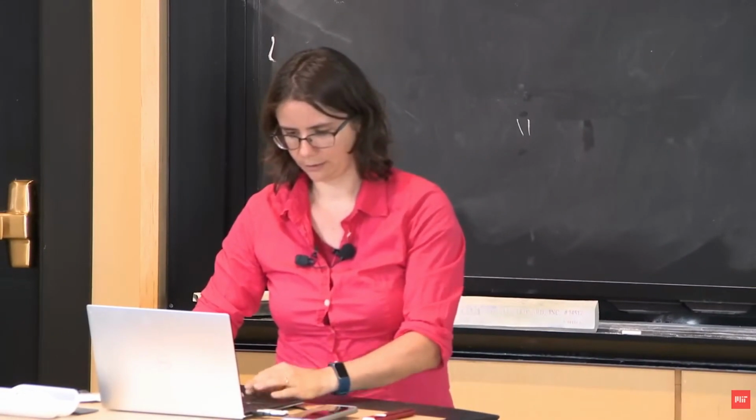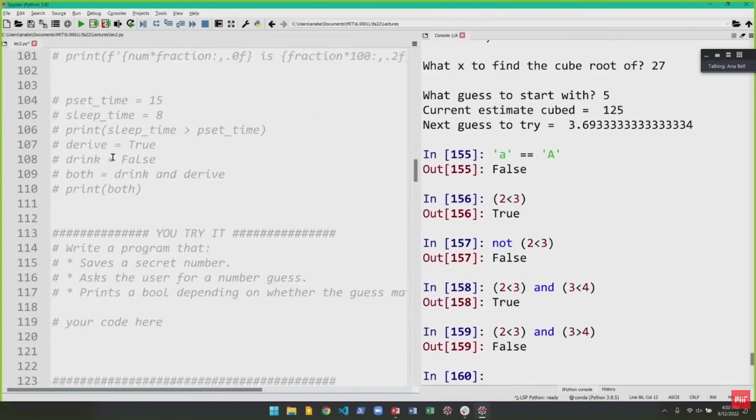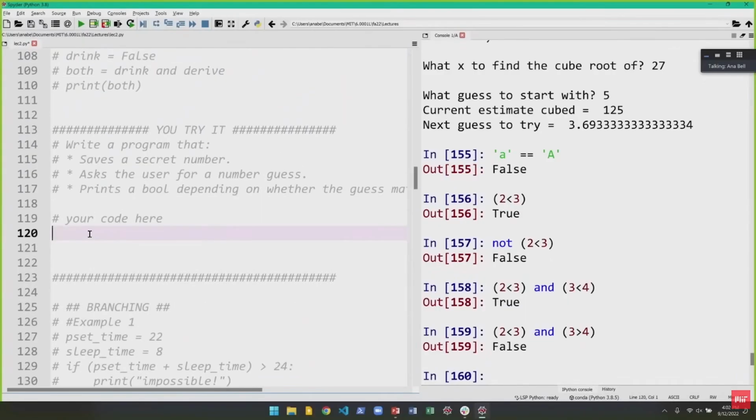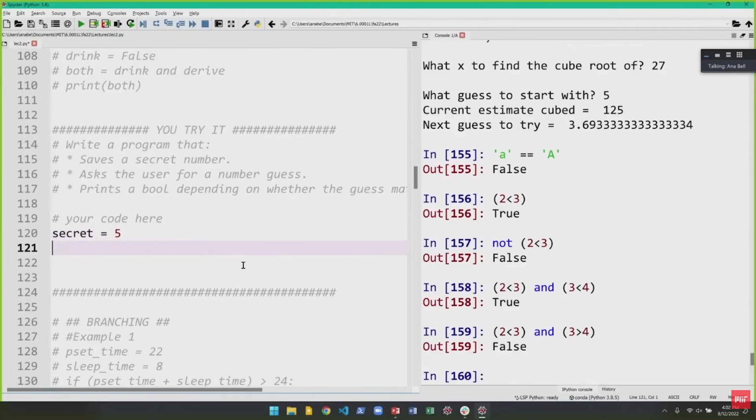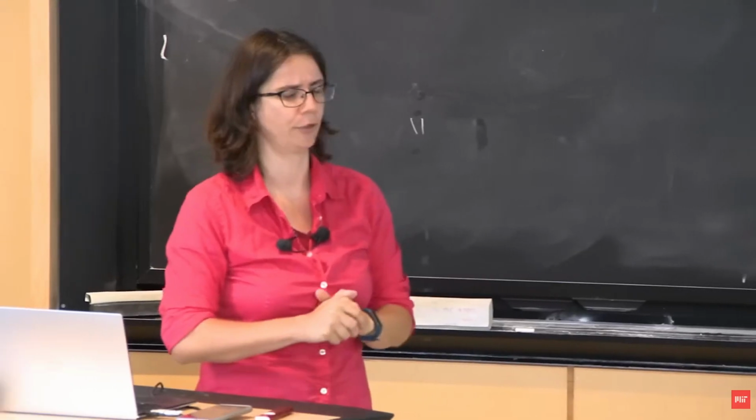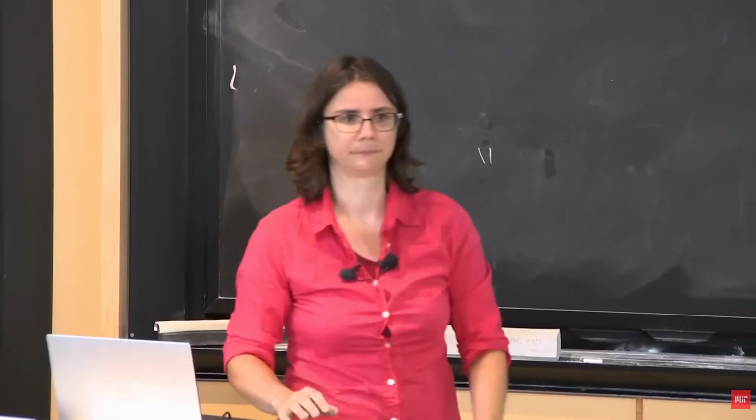So you can start with something like secret equals, and then put your favorite number there, 5, whatever, and then write the rest of the code. So ask the user to guess a number, print a Boolean depending on whether the guess equals this secret or not. So I'll give you a couple minutes to write that.